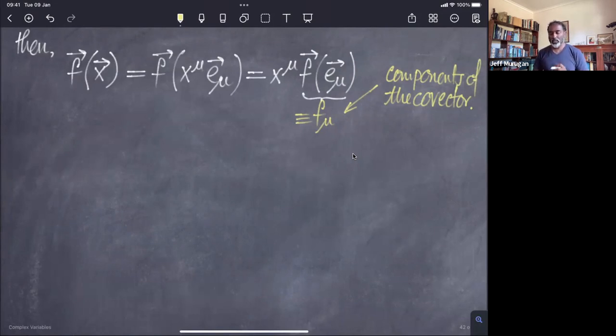Okay? Second thing to note is because now there's one mu upstairs and one mu downstairs, the instruction following Einstein is that we have to sum over the range of the mu's. So this expression here is actually the same thing as x1 f1 plus x2 f2, etc., going up to the range of the index mu.